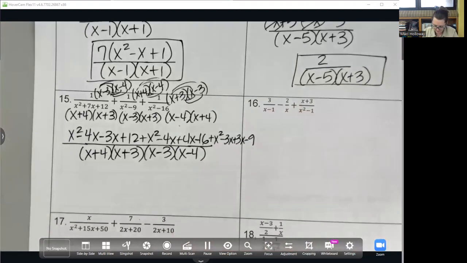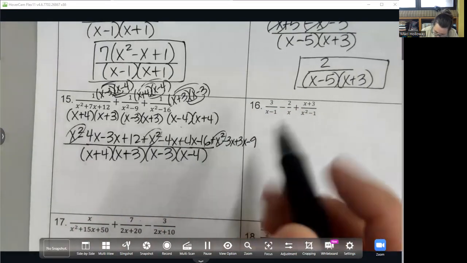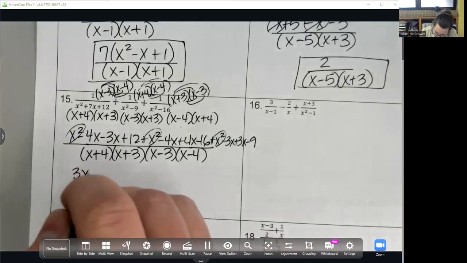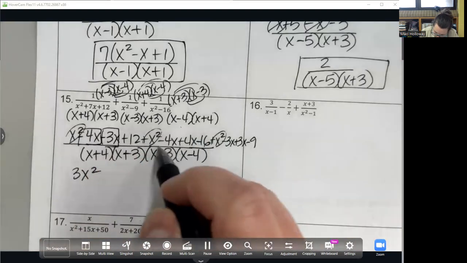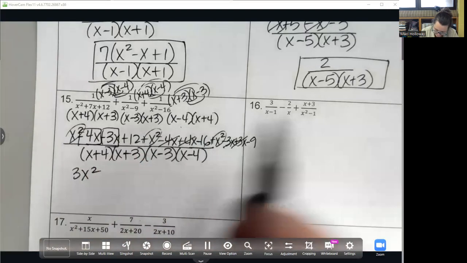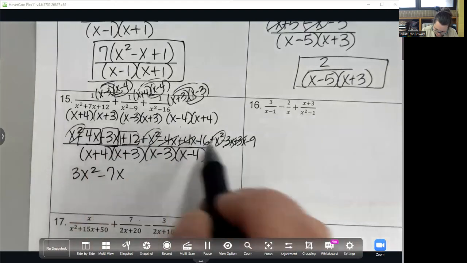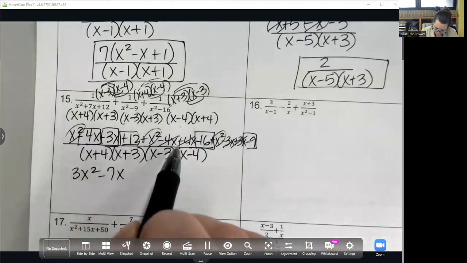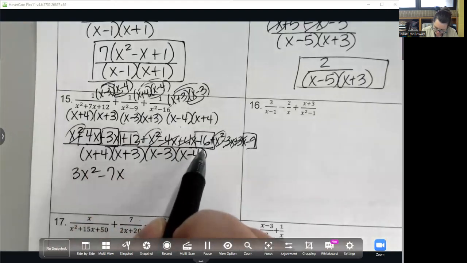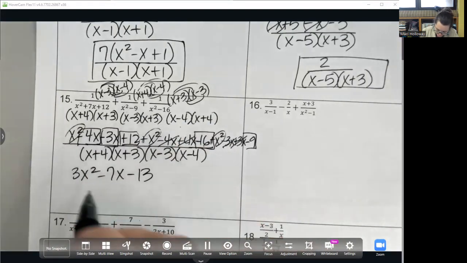All right, combine our like terms. 1x squared, 2x squared, 3x squared. Now my x's, that's a negative, negative. Oh, these cancel, don't they? That's nice. So we have a negative 7x. And then my numbers here. 12 minus 16 is negative 4, goodness, minus 9 is negative 13.